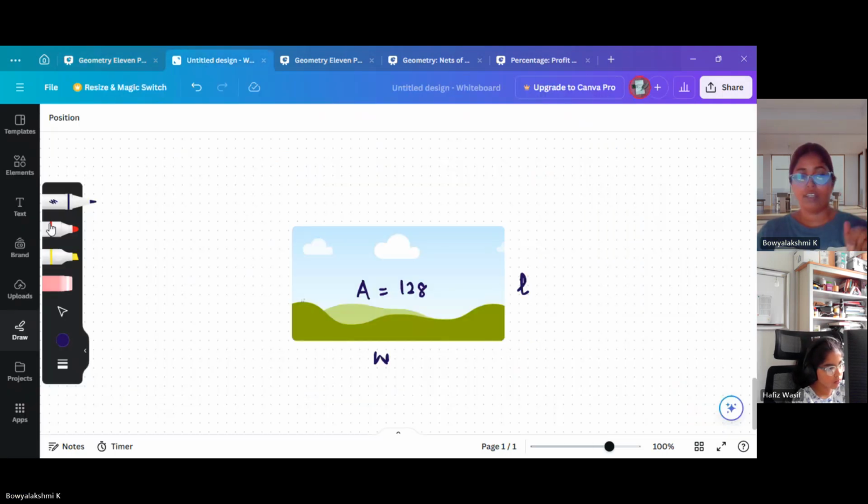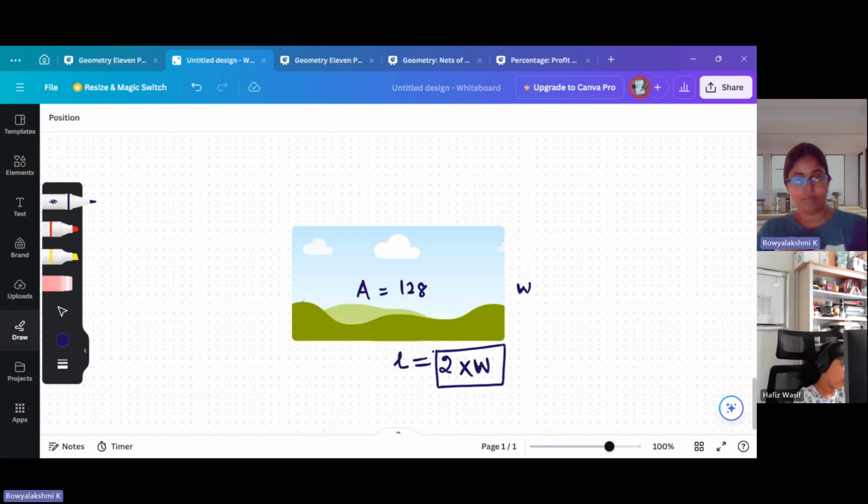So this will make more sense because length is the longer part, width is the smaller part. Length is twice as much as width. So you can write length is twice, means what? 2 multiply, and then width.